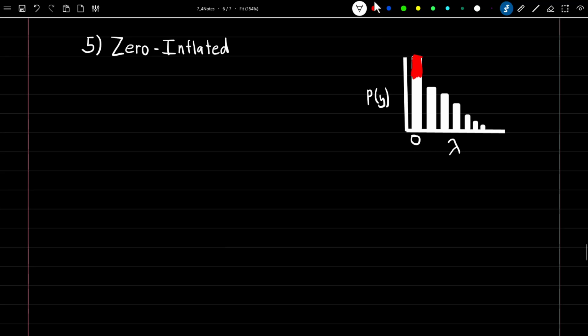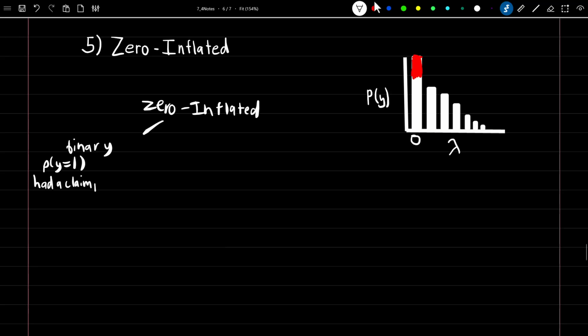So a zero-inflated model is actually made up of two different models. So the first model is going to be a binary model, where the probability that y is equal to 1 represents that you had a claim but you chose not to submit it.